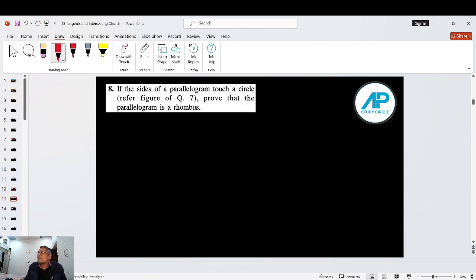So I make a diagram separately for you. Now, what is given?